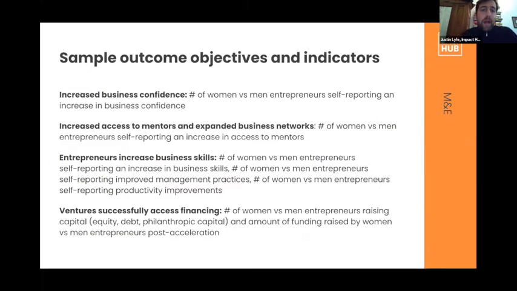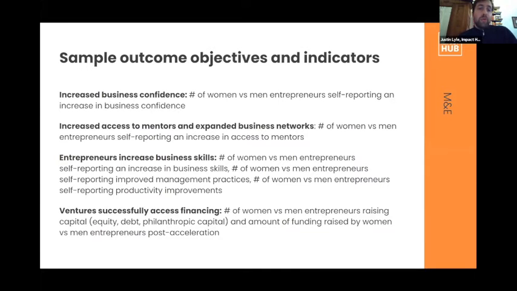Okay, so now we're moving from the output level to the outcome level, which, as you know, as M&E experts, is where we look at changes, really valuable changes for the stakeholders that we're dealing with, especially the women entrepreneurs.